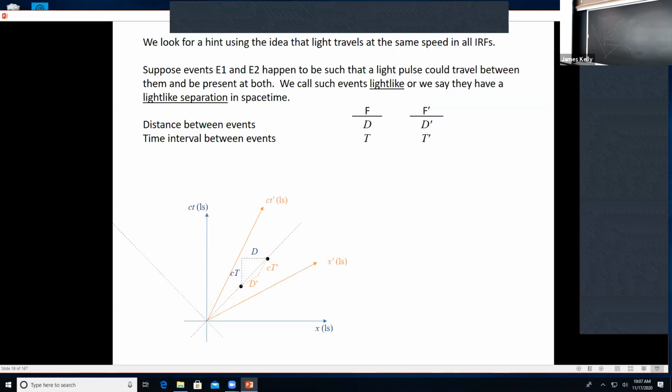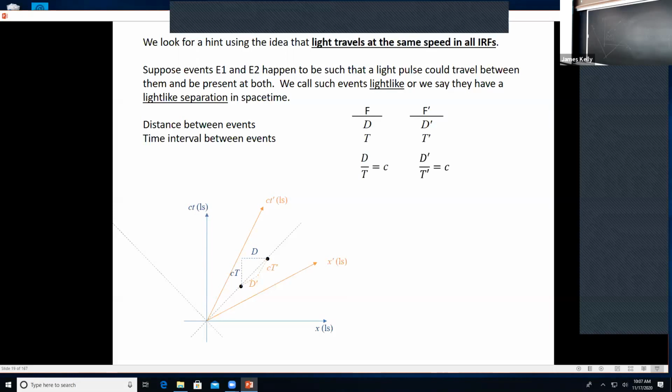Because if they're light-like separated, there's just enough time for a light pulse to go exactly that distance. So the slope of this is, the rise is going to be t and the run is going to be d. So the speed is just the ratio of the distance it moves divided by the time it takes to move that distance.